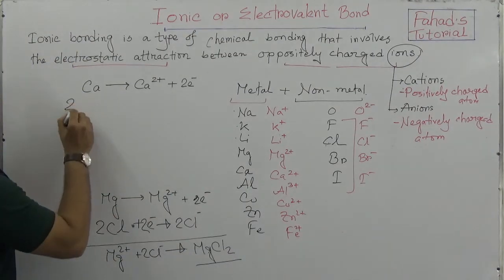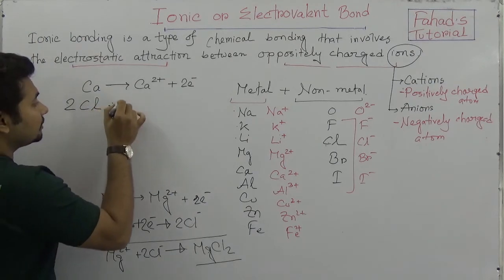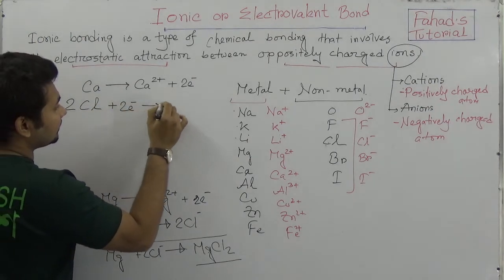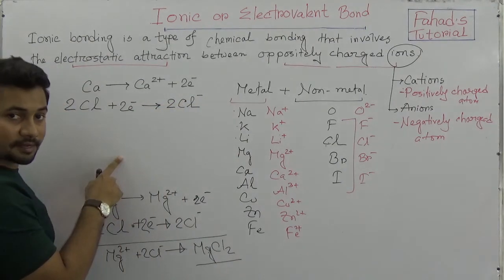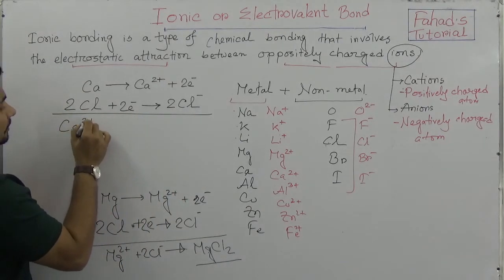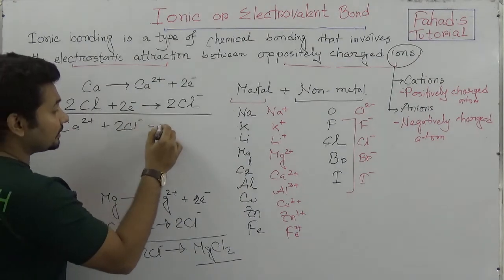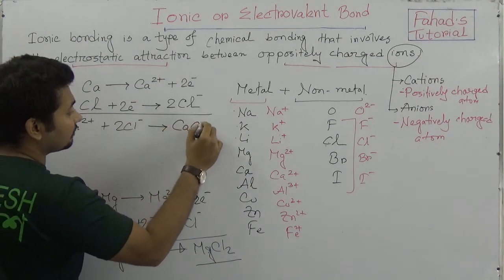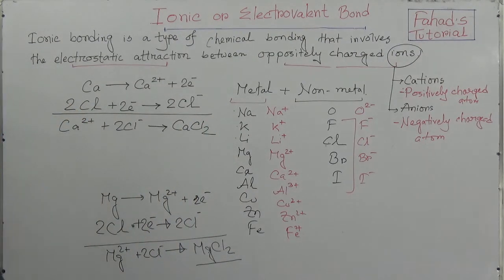Then 2 chlorine atoms are required to accept these 2 electrons, and they will become 2 chloride minus. Okay, and then the equation is calcium 2 plus and these 2 chloride ions join together, and then they form calcium chloride. I hope you understand how these things will happen.